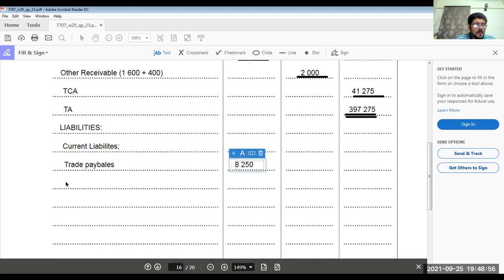Then bank overdraft. Bank overdraft, OD is how much? 6,450. Okay. Now, what about other payables? Other payables is accruals. How much? 2,200.